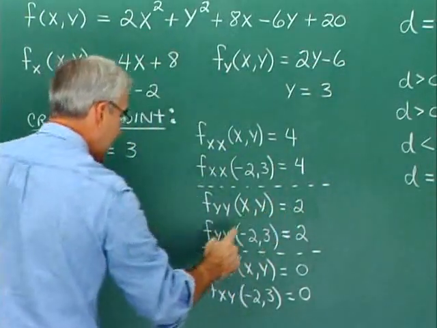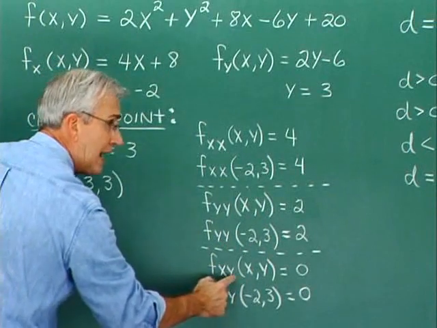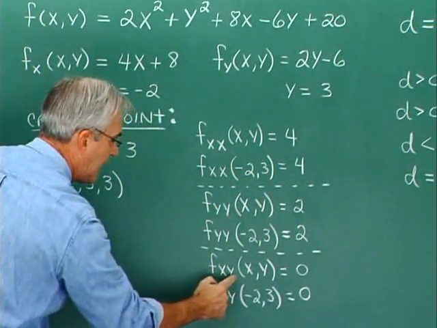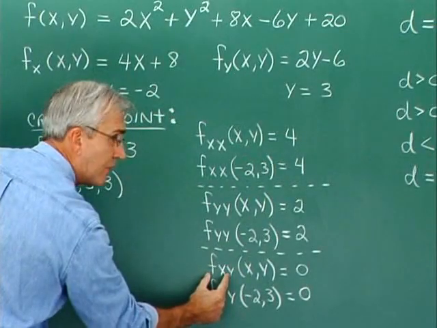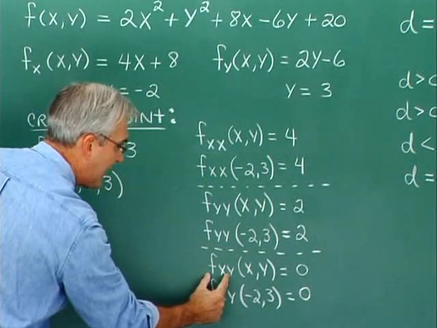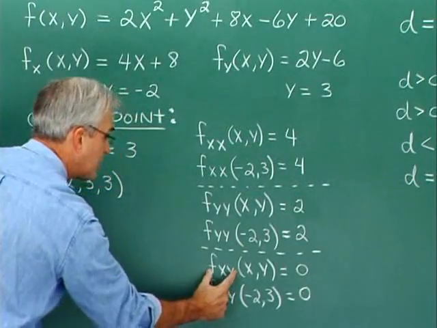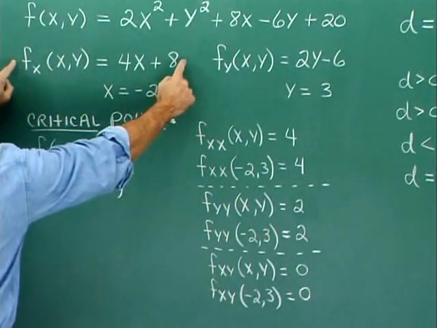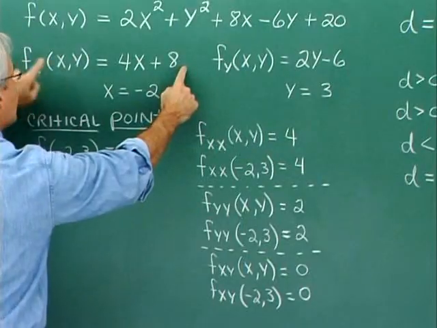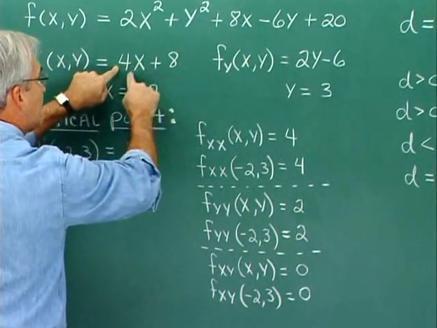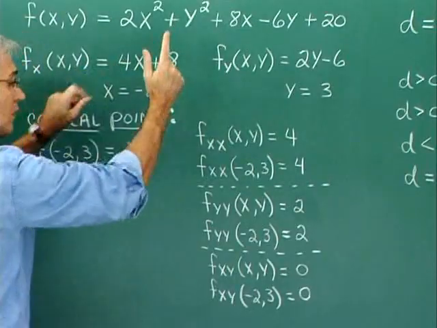And then we need an f_xy for that calculation over there. So for f_xy, we use this first derivative in terms of x, and we find its derivative in terms of y. That's what this means. So we're using this expression, this function, and we want its derivative in terms of y. Well, in terms of y, these are constants, so they go out.